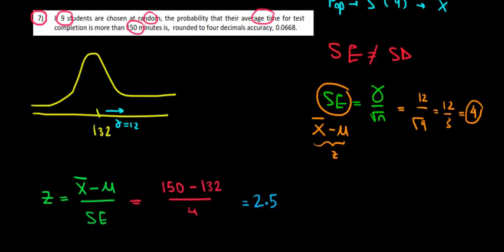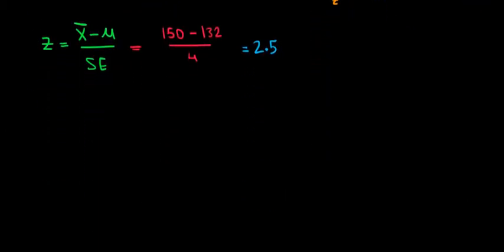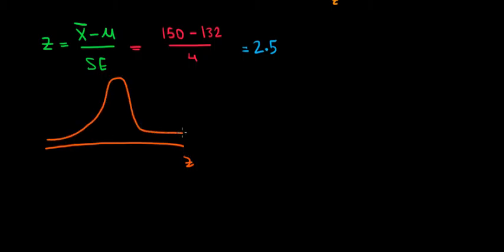Now if we draw the standard normal distribution for this test on the Z distribution, we know that we're having a Z value of 2.5. So we have a Z value of 2.5. We're looking for this proportion over here, for this probability over here.